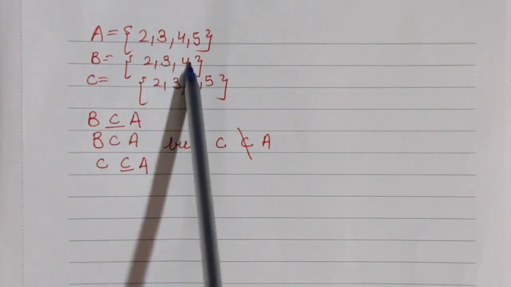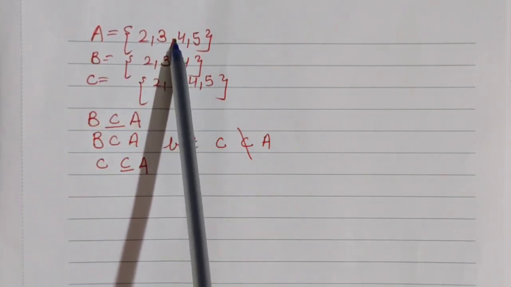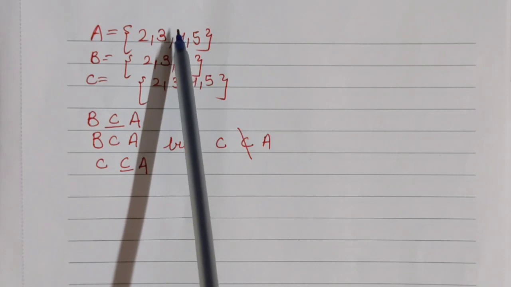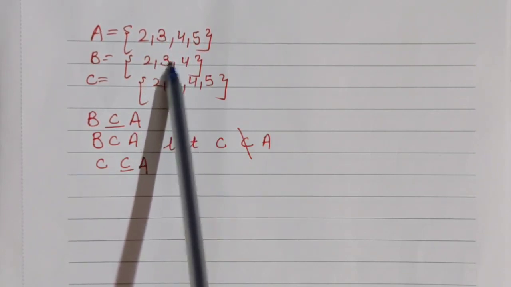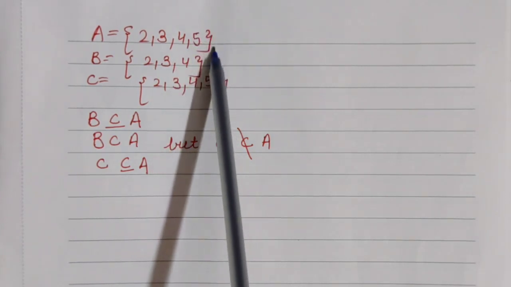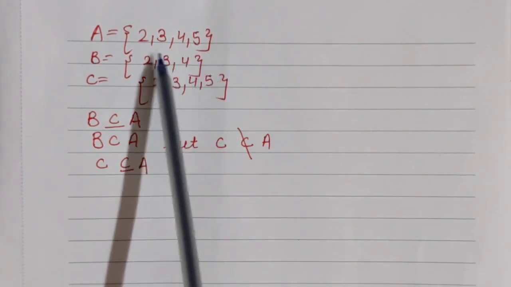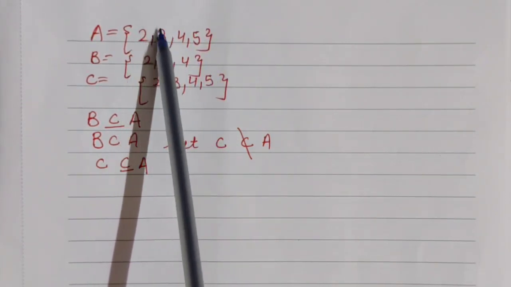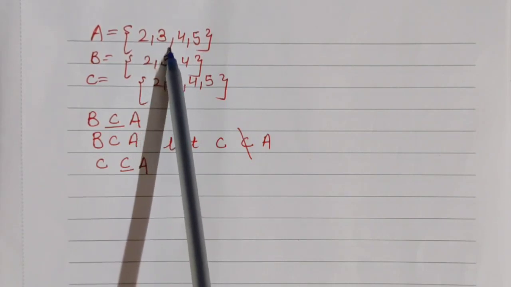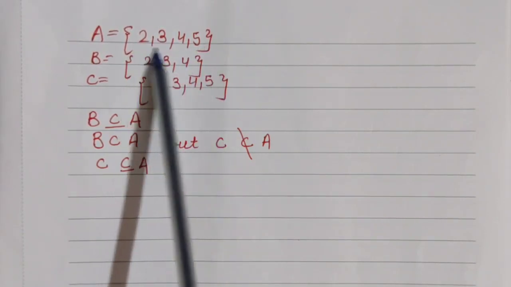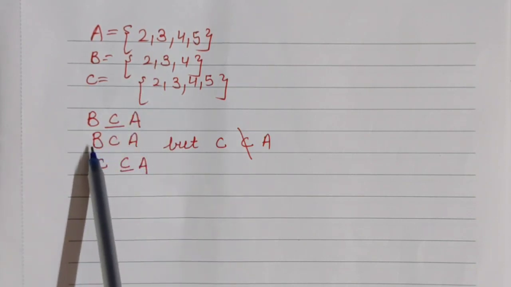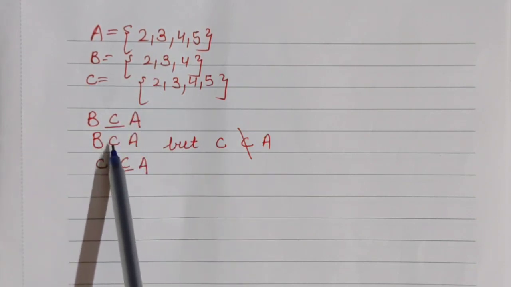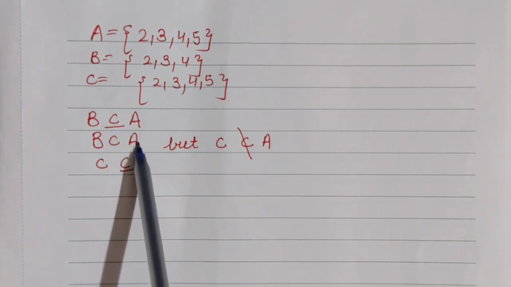But every element of B is contained by A and A is also containing more elements in comparison to B. So I can also say A and B are not equal, but B's elements are contained by A. So I can say A is acting like the superset, and that is why I can also write that B is the proper subset of set A.